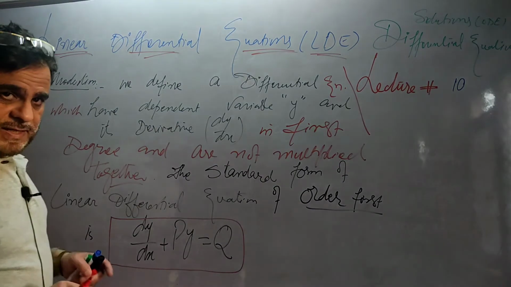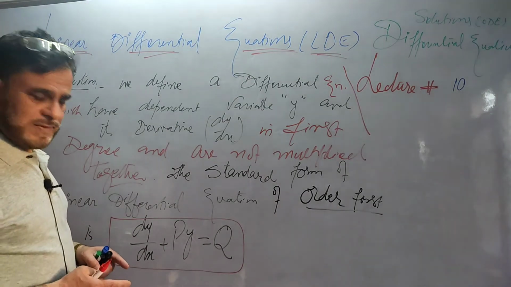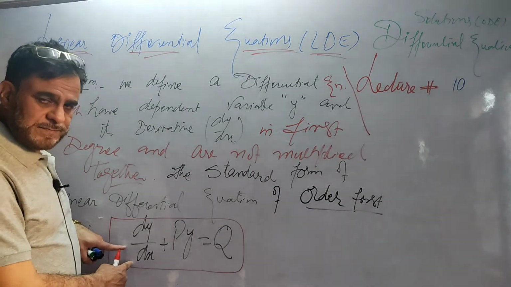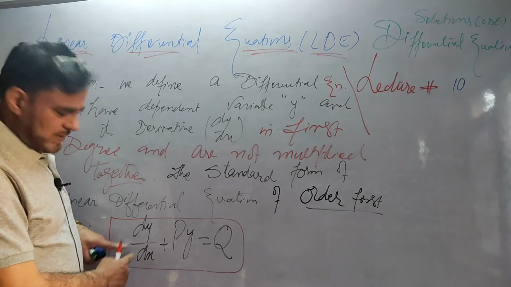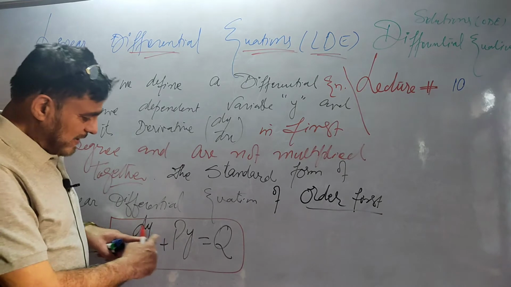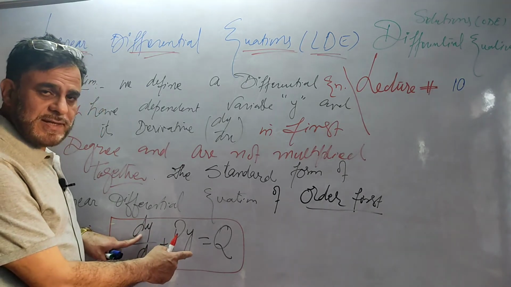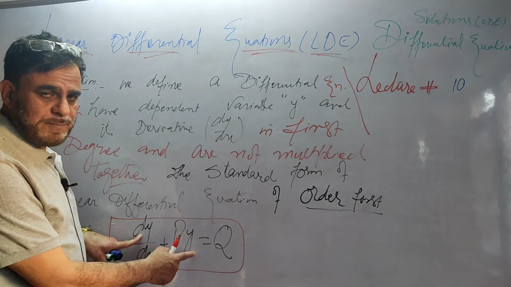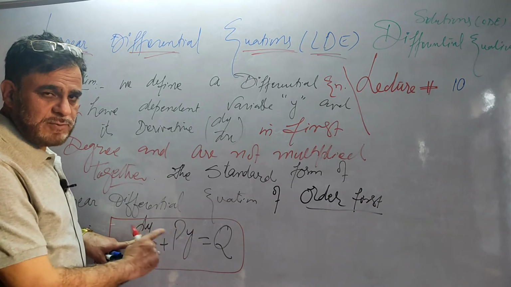What is the peculiar property that you observe here? Dy by dx is of first degree, and the dependent variable y is occurring here in the first degree. The power of y is also 1. This is how to recognize it.